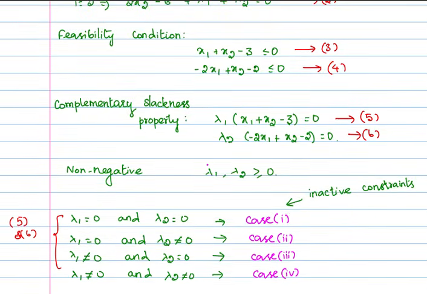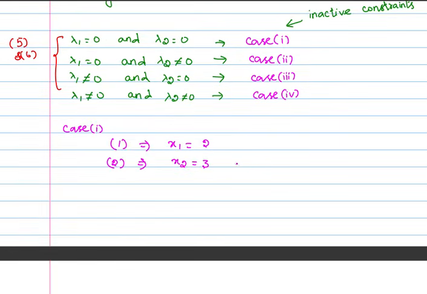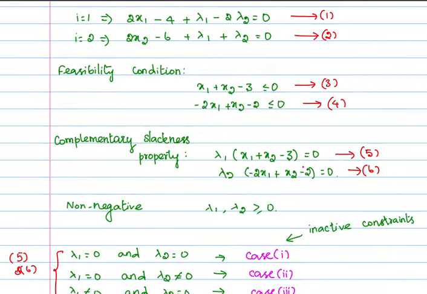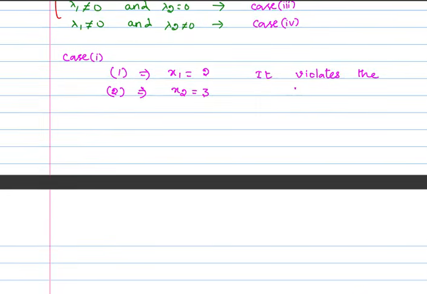Now what is the problem that will arise? It does not satisfy equation number 3, because x1 plus x2 minus 3 must be less than or equal to 0. So it violates the feasibility conditions.